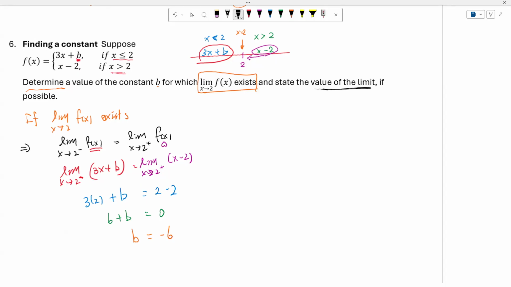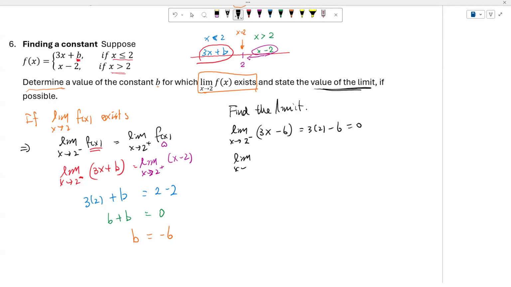And now, we need to find the limit. The limit as x approaches 2 from the left is 3x minus 6. Okay. So you will see that is 3 times 2 minus 6, which is 0.